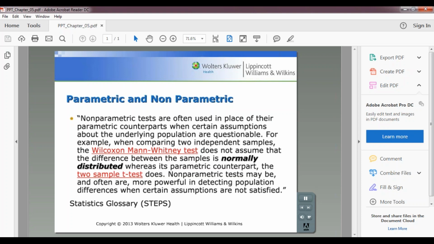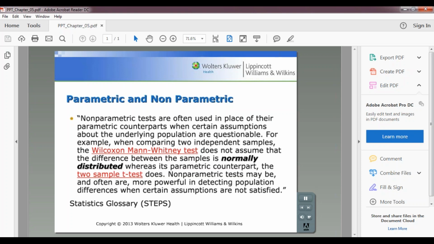If you use a t-test on data that is not normally distributed, then you're violating that assumption, and to what extent depends on whether or not you may end up with a type 1 or type 2 error. So it's always important to do preliminary analysis before you run one of these inferential statistics.